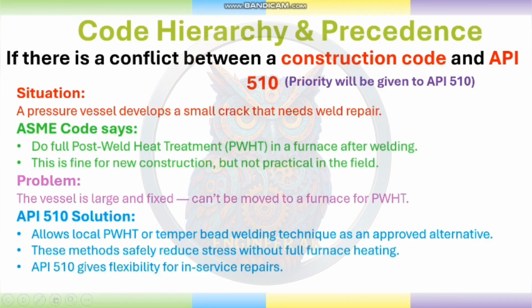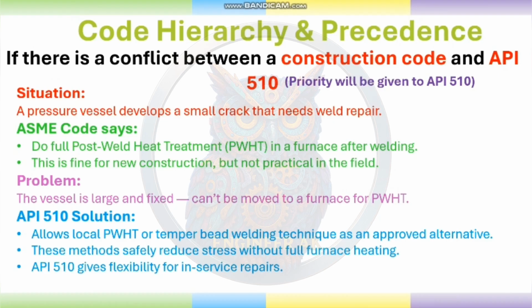So basically, if a crack appears and we have repaired it through welding, the ASME code says we have to do the full post-weld heat treatment of the vessel, but it is impractical. We cannot take the vessel out and move it to the furnace. But API says that okay, you can do a field post-weld heat treatment of that specific area. This is just an example.